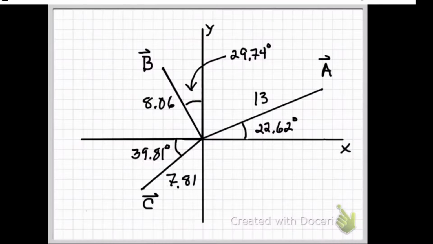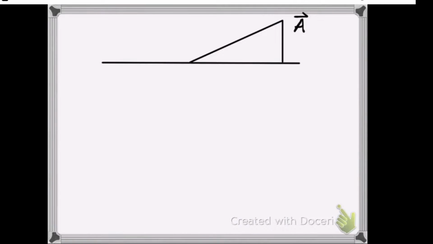Now we said that vector A made an angle of 22.62 degrees, so I'll write that in here. That angle right there is 22.62 degrees. And we know that the length of that vector, or in other words, its magnitude, is 13.